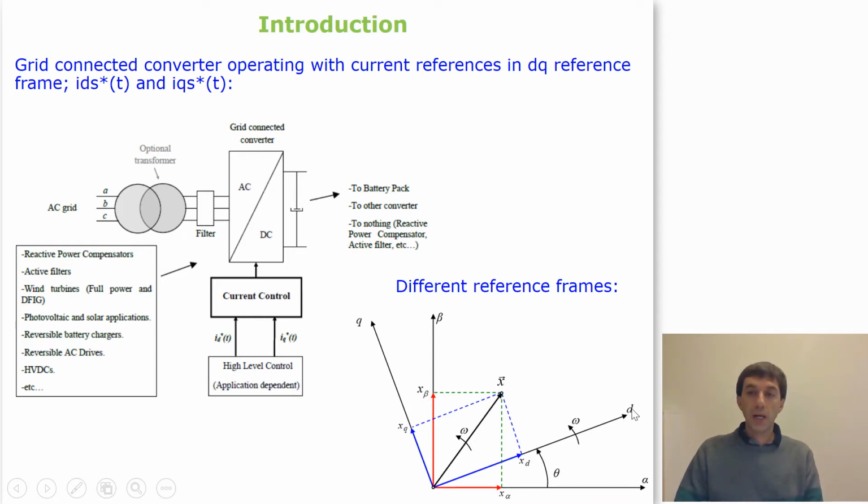However, we could also have another reference frame which is moving at this speed, omega, which is the frequency in radians per second of the electrical grid. And the projections of this space vector could also be in these D and Q reference frames. So we will combine these two reference frames. And normally these references for the currents are given in DQ reference frames, in rotating reference frames.